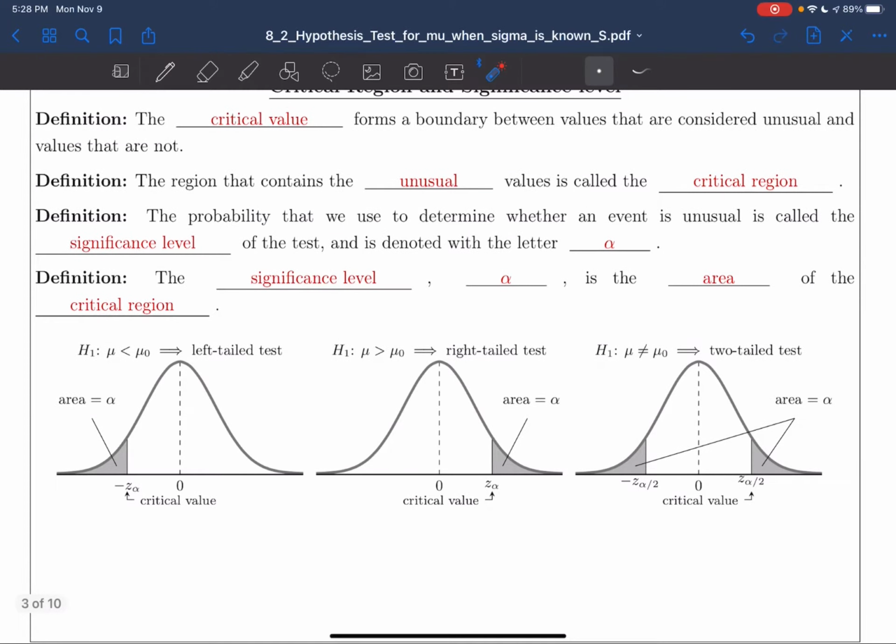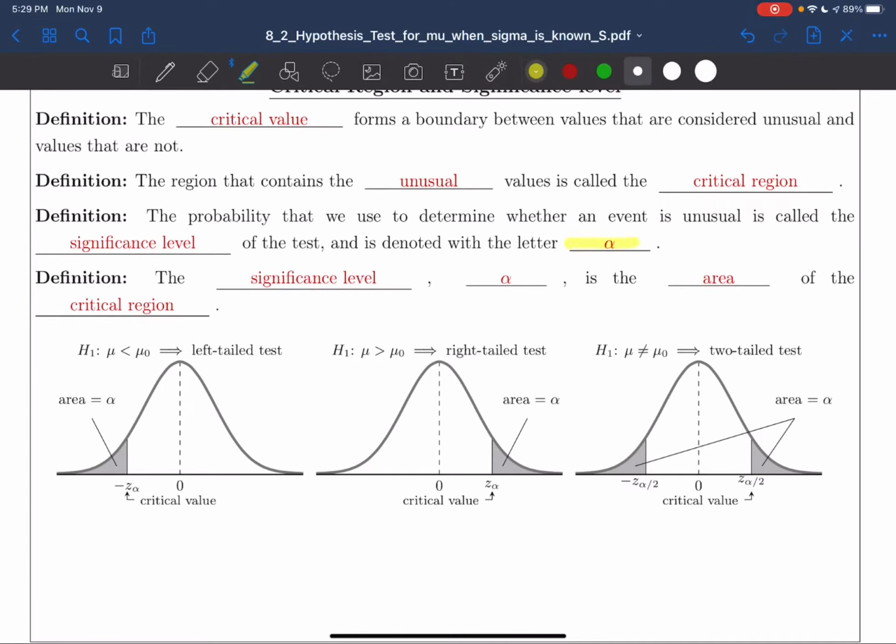Okay, and then there are two definitions of significant level. They're both saying the same thing, but in a different way. Number one is that the probability that we use to determine whether an event is unusual is called the significant level of the test. And this is denoted by the letter alpha.